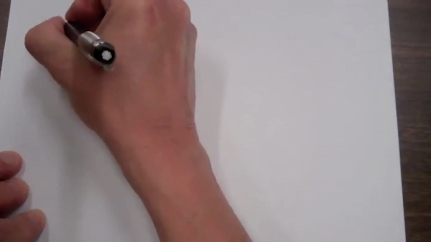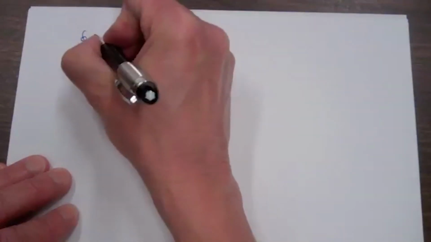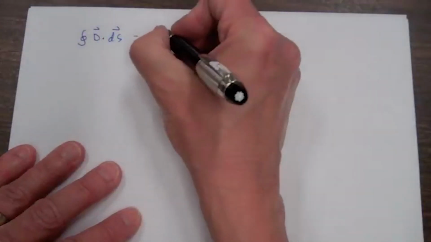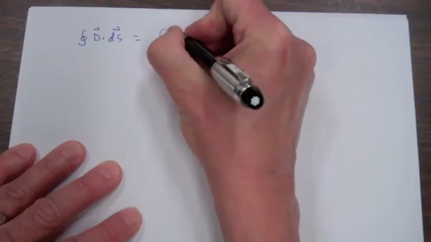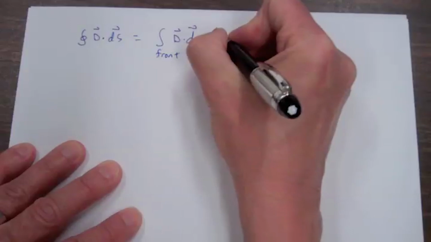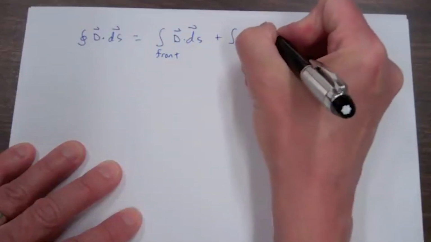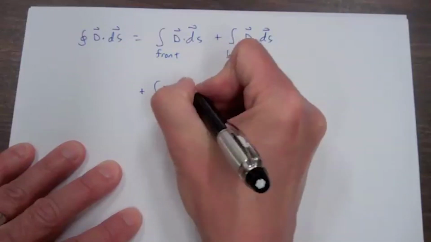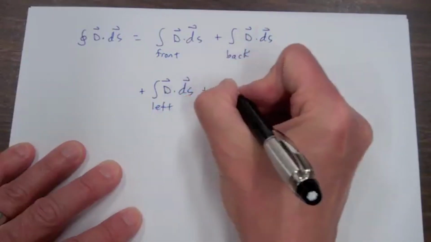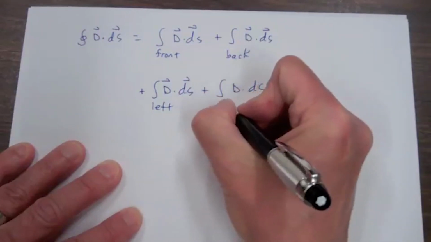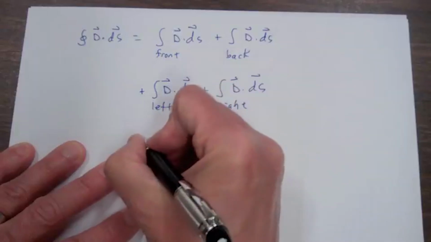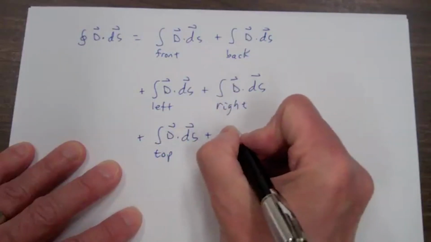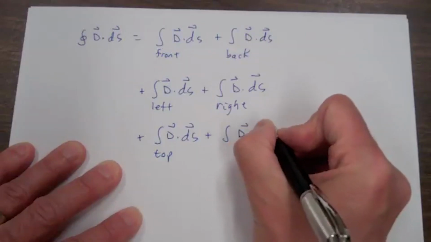So the integral of D dot dS around the cube will be the integral of D dot dS on the front face plus the integral on the back face plus the integral on the left face plus the integral on the right face plus the integral on the top face plus the integral on the bottom face.